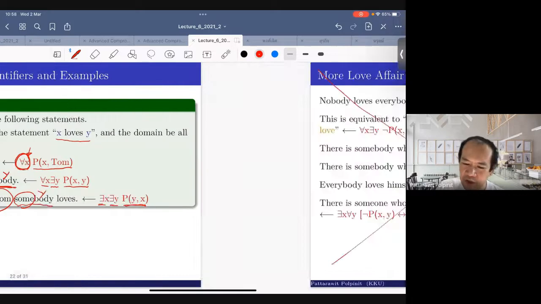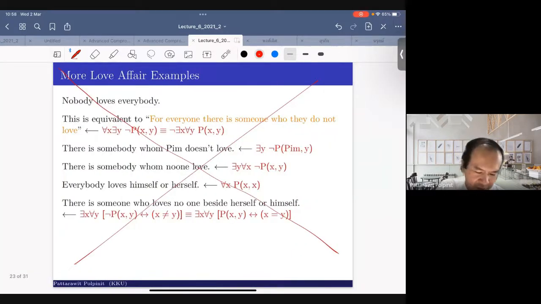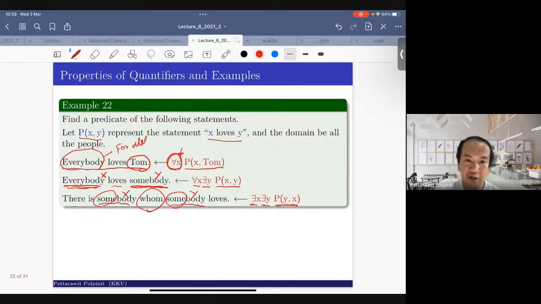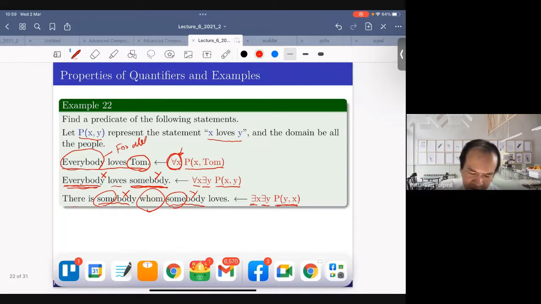Any questions? So we're not going to do from page 23. We're not going to use it, so I think we can skip it. Any questions? Nope. Okay.